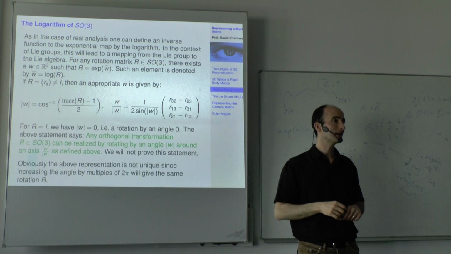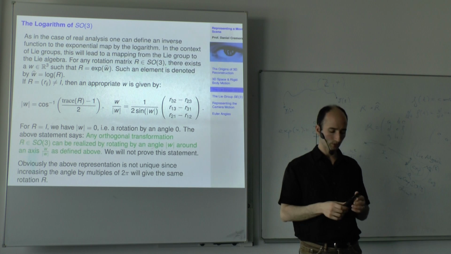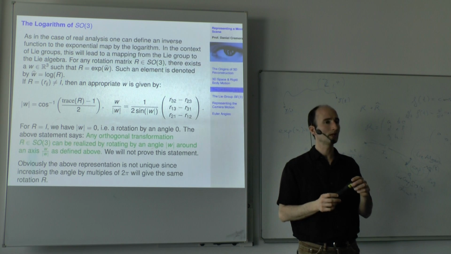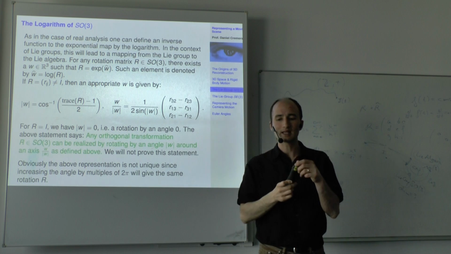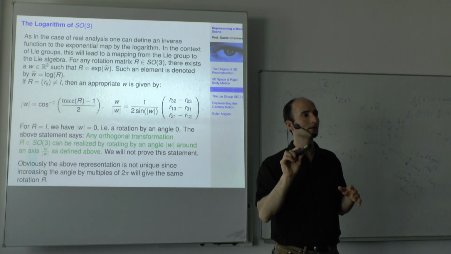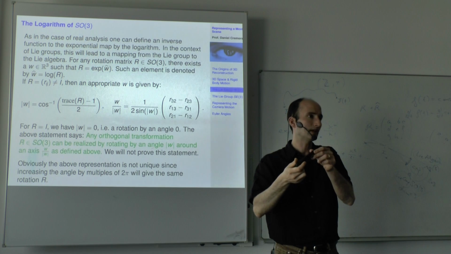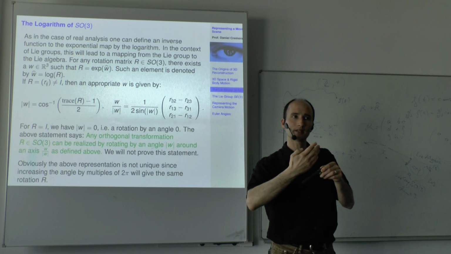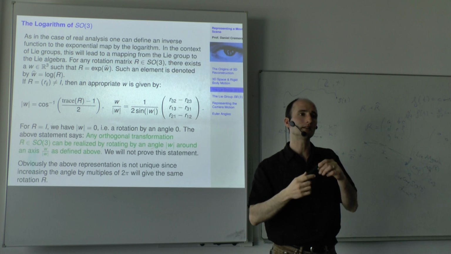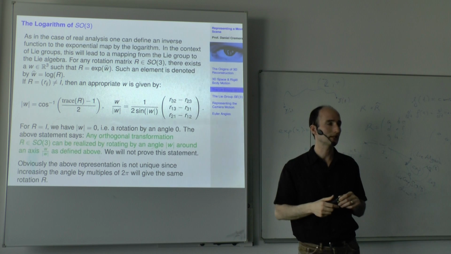And in fact, that statement is not quite obvious, and it was never clearly intuitive to me, that no matter how you rotate a camera around, once you have rotated it, you can represent that rotation by a single rotation axis and a certain angle around which you rotate.